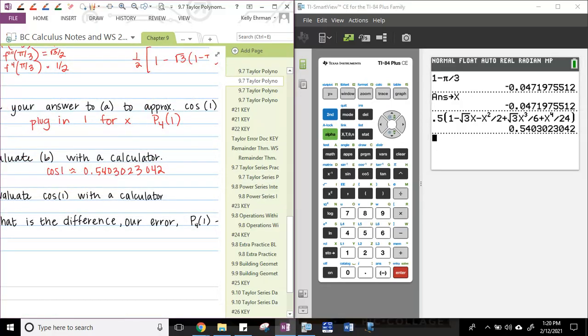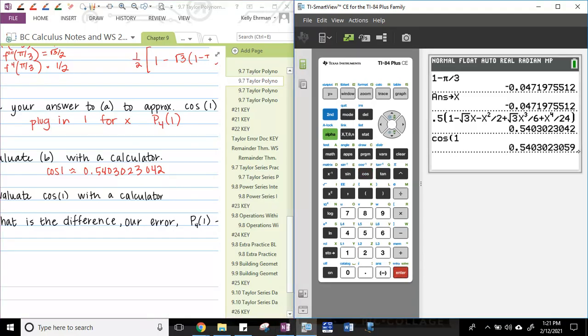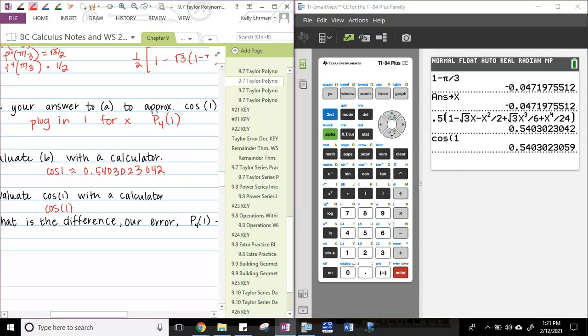In radian mode, cosine of 1 radian. Awfully close, right? The only two numbers that are different are the last two, so that's kind of cool. Cosine of 1 is about 0.540302305 9. So they agree to 1, 2, 3, 4, 5, 6, 7, 8 places, and they're off by 2 values.